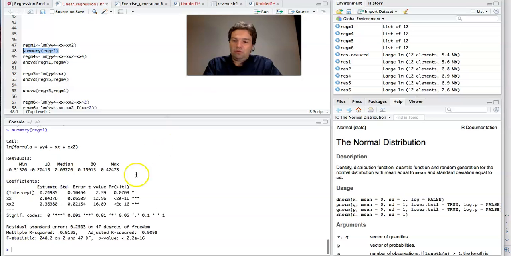When we run it, we have this interesting output, where we have a residual standard error, a multiple R squared, and an adjusted R squared, together with an F statistic, which is here with 2 and 47 degrees of freedom.